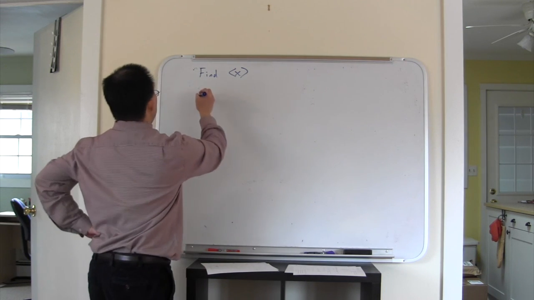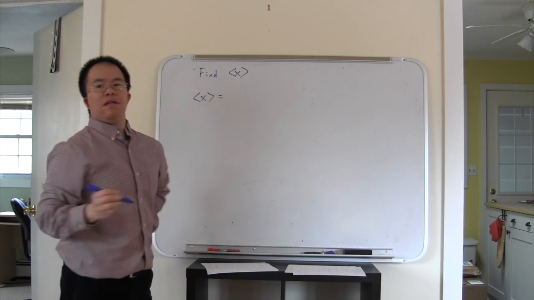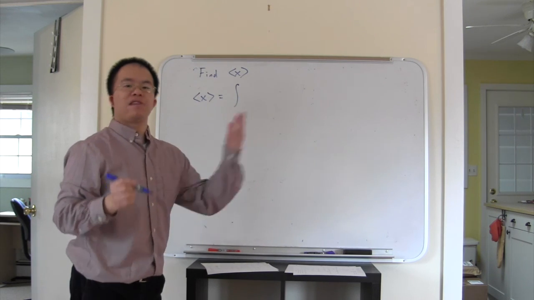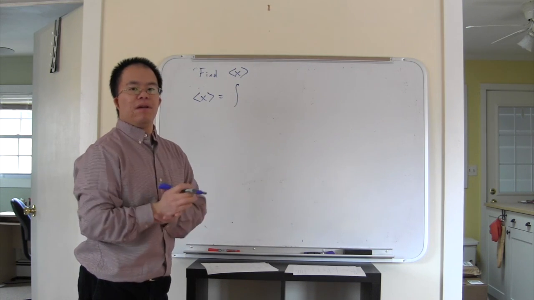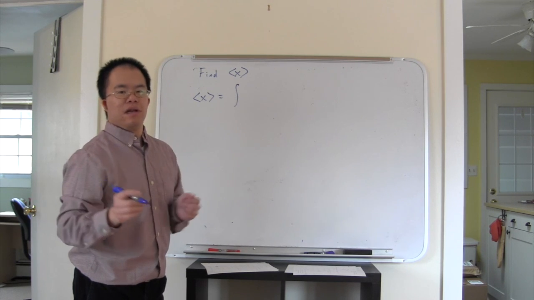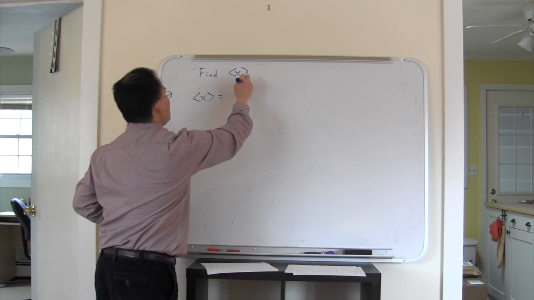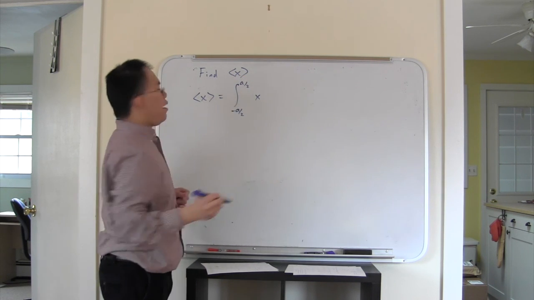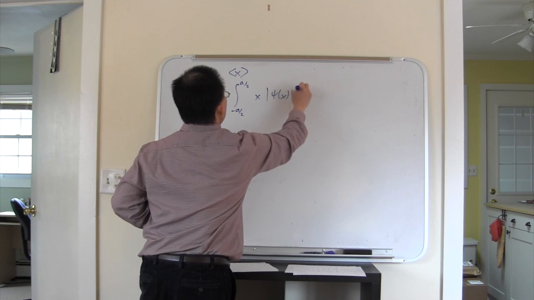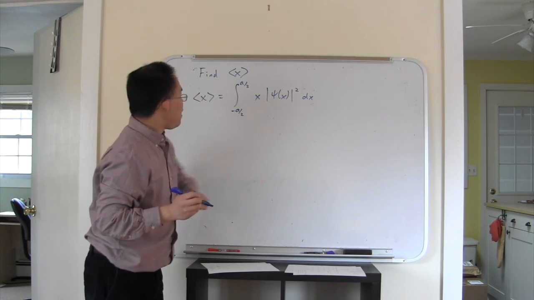So now remember that by definition, the expectation value of x is going to be the integral, and once again, because the wave function is 0 outside plus or minus a/2, I'll just put that in the limits. That's the integral of x times my probability density, psi modulus squared, dx.